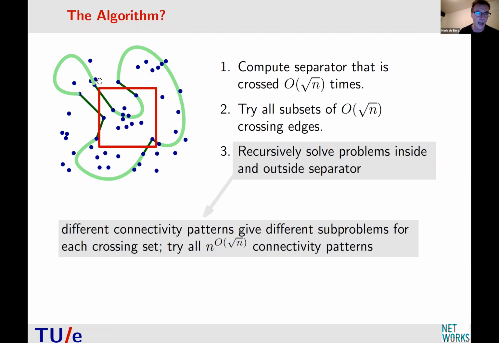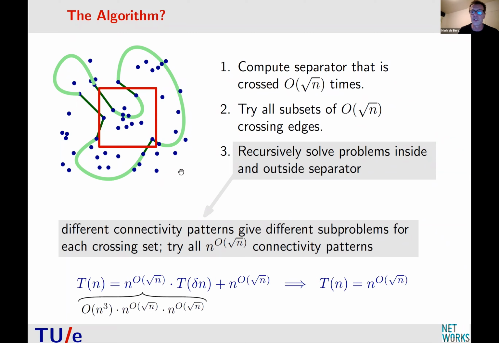So if on the outside I do this and this, that would be different from if on the outside I do this and this, because some of these things simply don't match up. You don't get a tour, but you get a number of cycles. So for the subproblem on the inside, I have to guess the connectivity pattern that is realized on the outside by the optimal solution. And for that connectivity pattern, I now have to solve my subproblem inside. So this is the way it works.